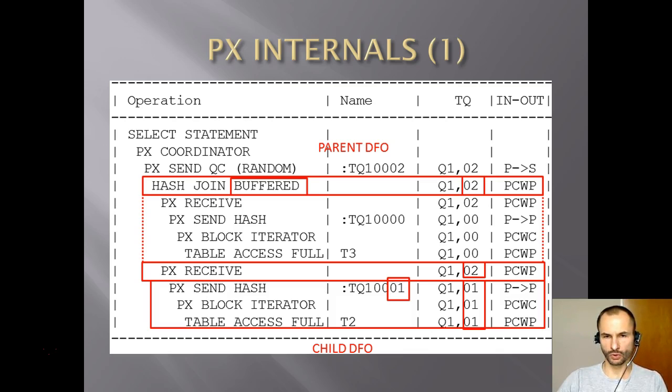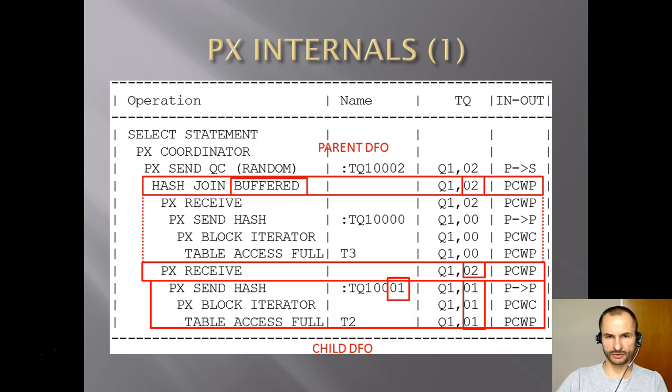So the hash lookup would be performed in memory in these in-memory hash clusters, and any matches, any join results would then be handed over, in this case, to the query coordinator via this PX SEND QC operation, which basically means handing over the data to the client, which is the same as you have with the serial execution.